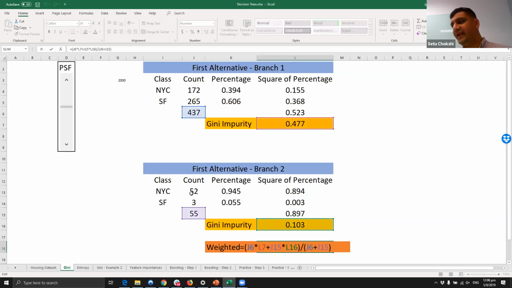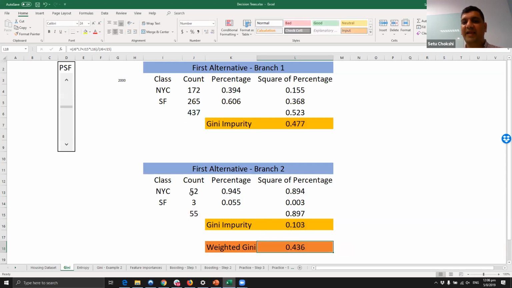Why do I take a weighted index? Because it's not a 50-50 split, right? On one branch, I have 437 values. On the other branch, I have 55 values. So I can't just take an average of the two. I need to take a weighted average. The formula is straightforward, where I multiply those values and then divide by the weights. So now I got to my weighted Gini index.